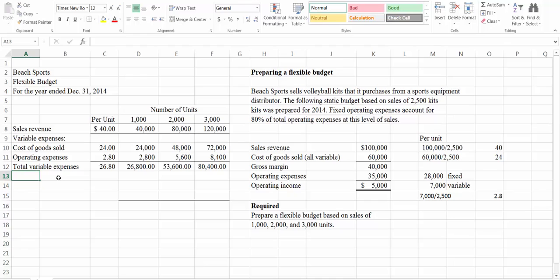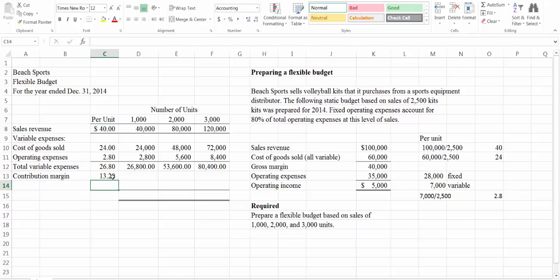Okay, so next thing we have is contribution margin. Remember that contribution margin is equal to sales minus total variable expenses. Okay, so our contribution margin per unit over here is going to be equal to 40 minus the 26.80.